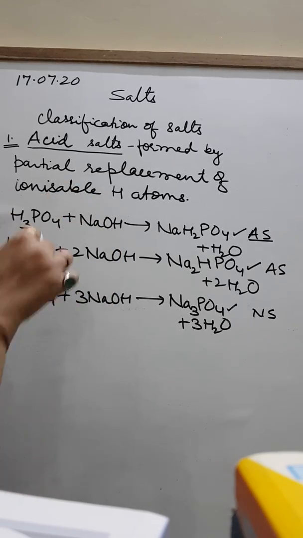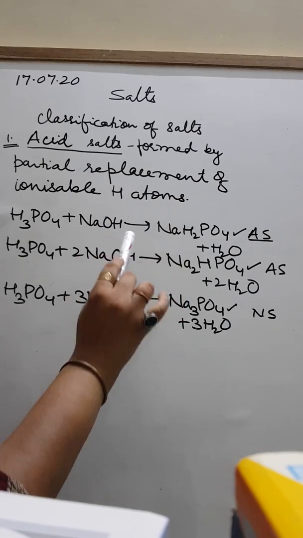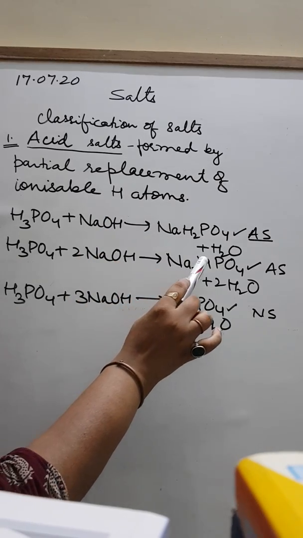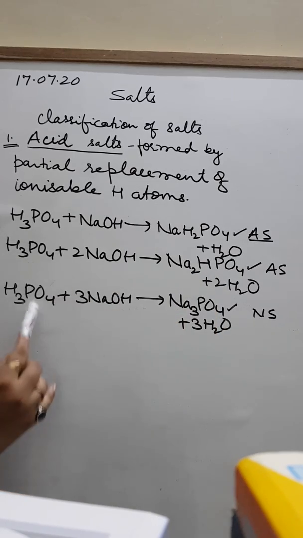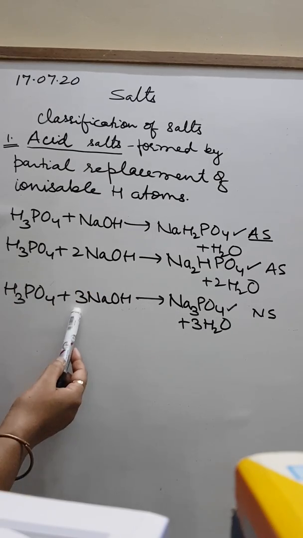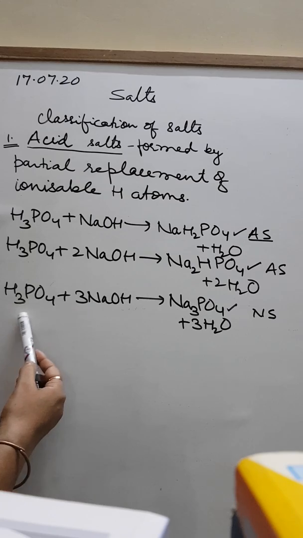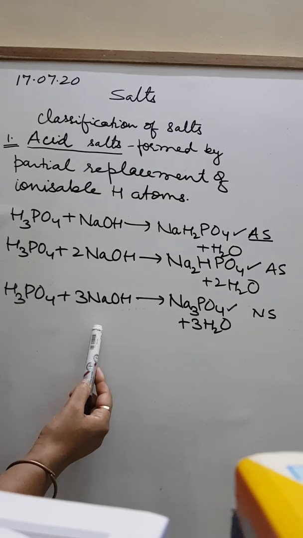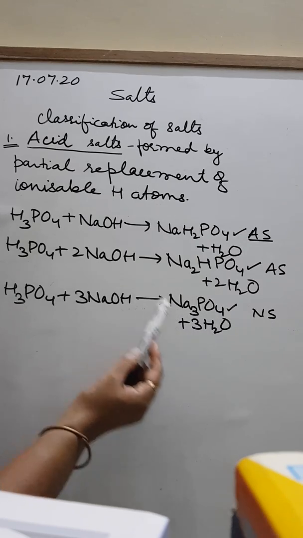If I take some more base, say 2 moles of NaOH, it gives me Na2HPO4 and 2H2O. Same acid, if I take a sufficient amount of NaOH, it reacts in this ratio. It combines with 3 moles of NaOH and now it gives me Na3PO4 plus 3H2O.